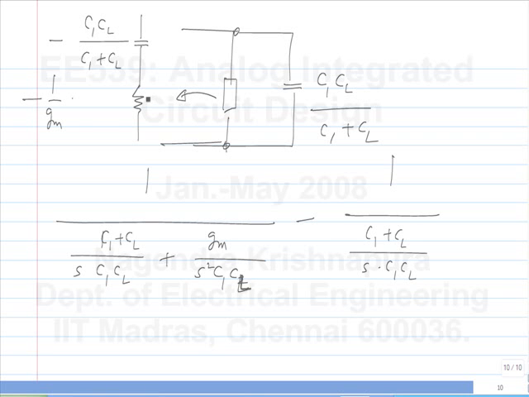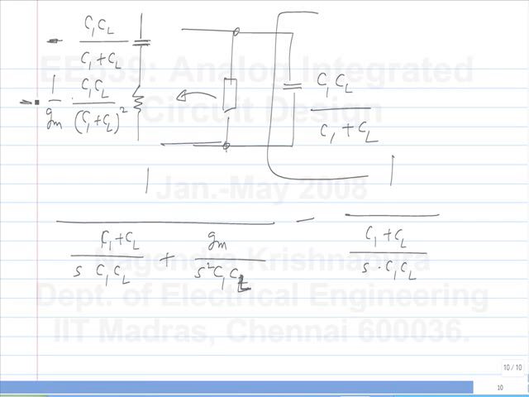C1 CL by C1 plus CL square, is it? Is this what it is? I think that's what it is. Okay. So it can be expressed as some positive capacitance that you see plus a branch which has a negative capacitance and a negative resistance in series. Okay. So this comes out of some mathematical manipulation.